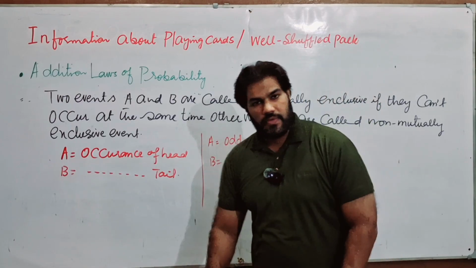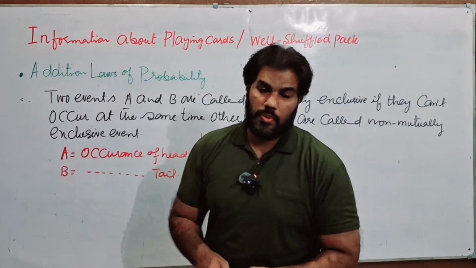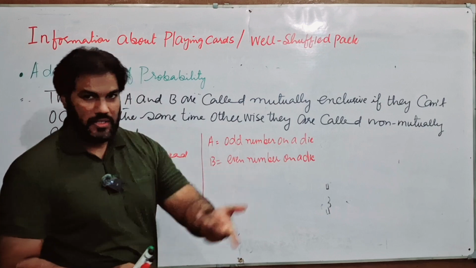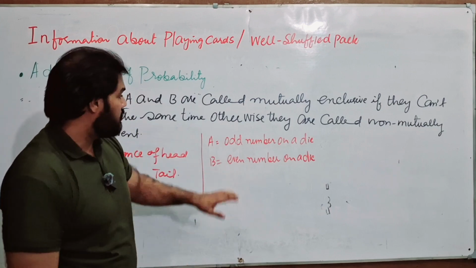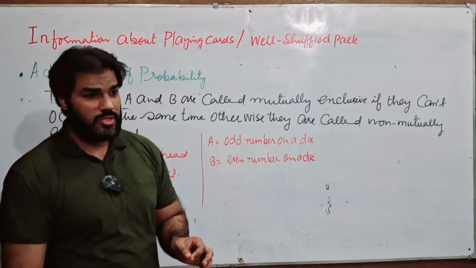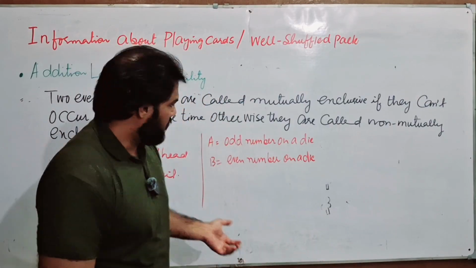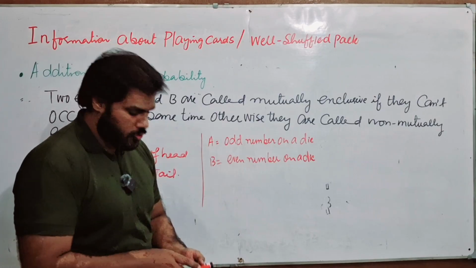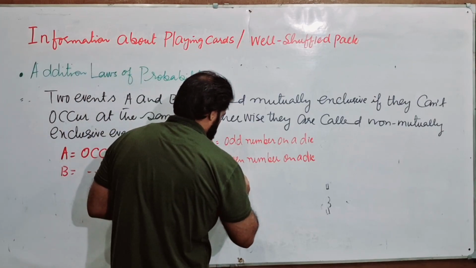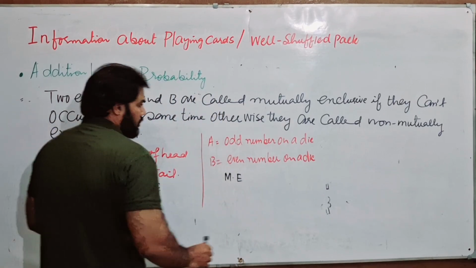Is it possible when you roll a single die that both of the events occur together, appear at the same time? No, this is not possible because A is an odd number and B is an even number. So again, here A and B are mutually exclusive. These are also mutually exclusive.